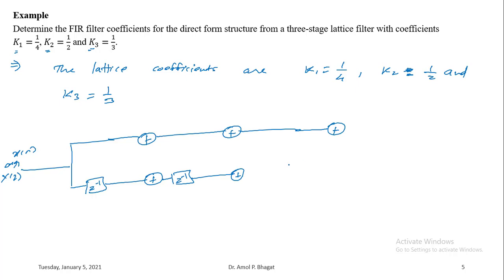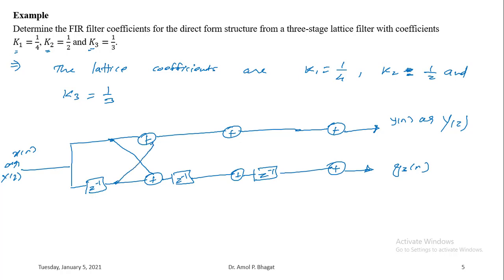Again you have an adder and delay element will be there. So output will be y of n or y of z will be there, right? This will be your g3 of n, right? And here you can indicate the lattice coefficient.